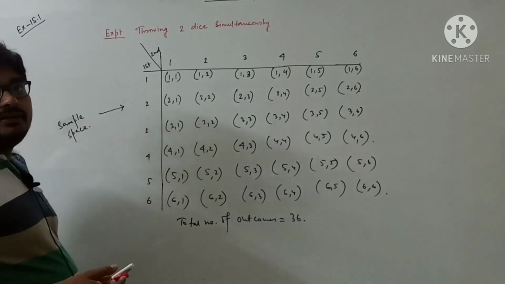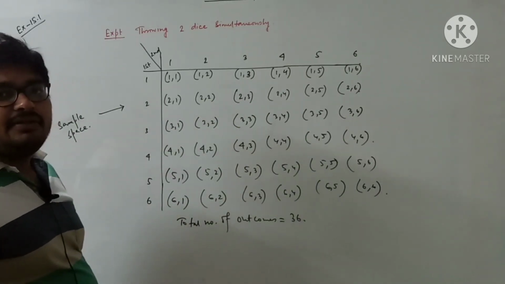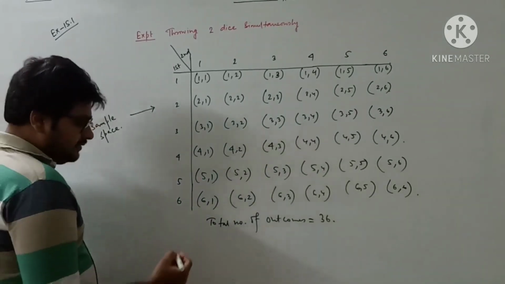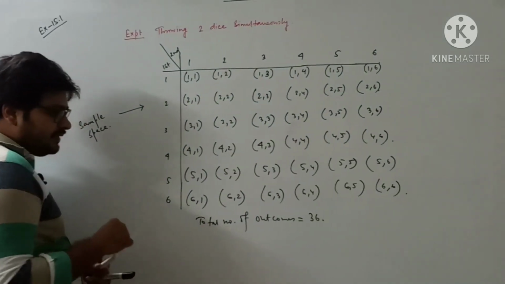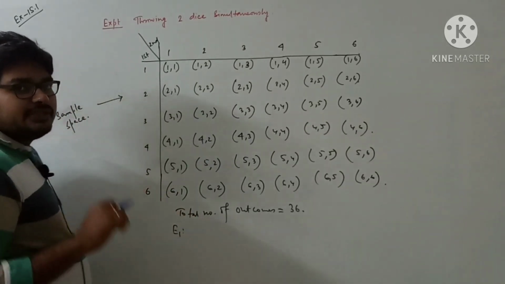Now the thing is, in the question we have to be supplied some event. Then only can you find the probability. So first of all, the event will be given in the question.